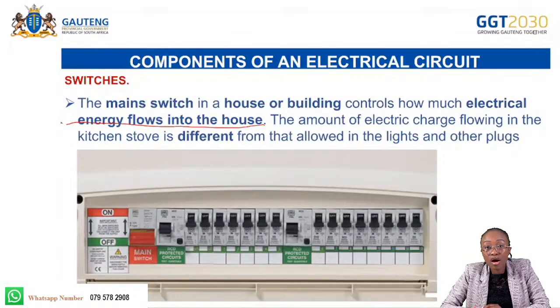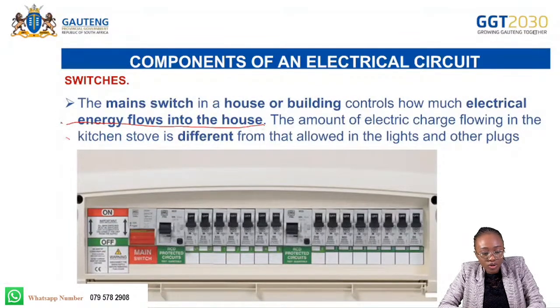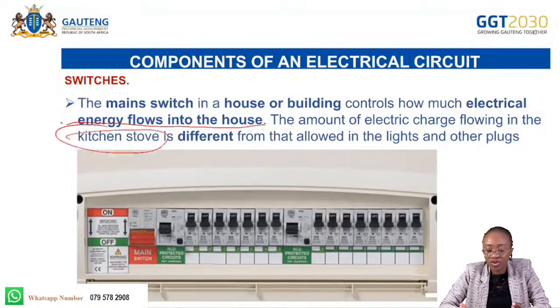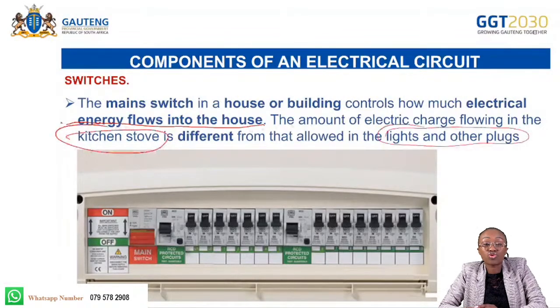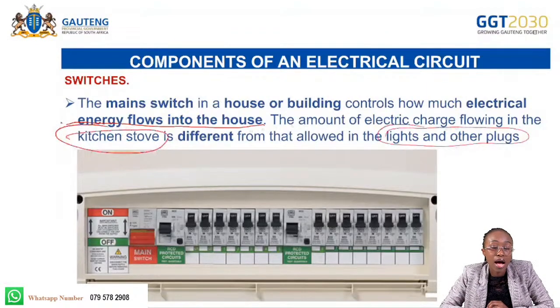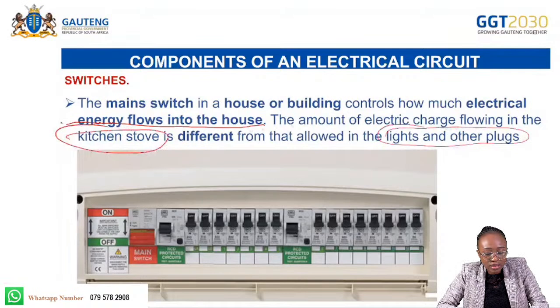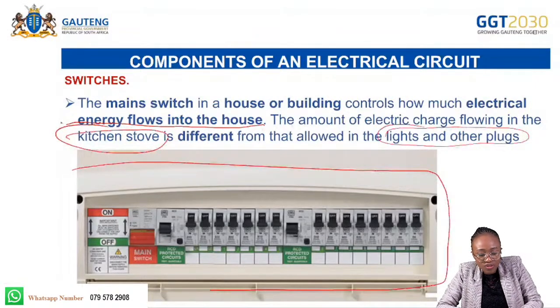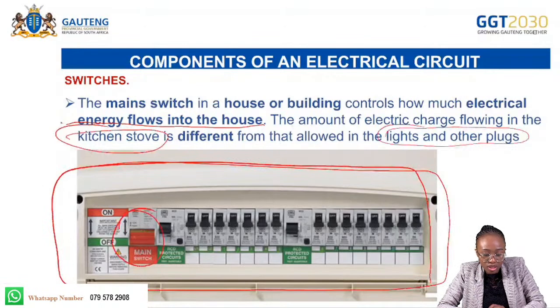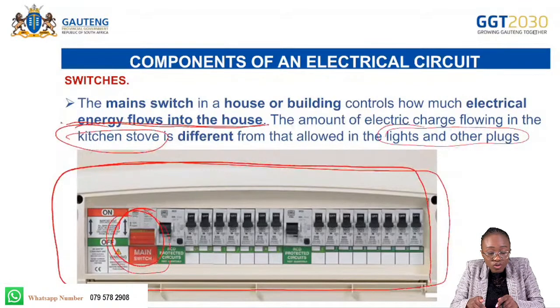The amount of electrical charge flowing through a kitchen stove is very different from the one that flows through the lights or the plugs where you plug in your electrical appliances. This switchboard here is very important. There we have our main switch that controls how much electrical energy flows into the house.